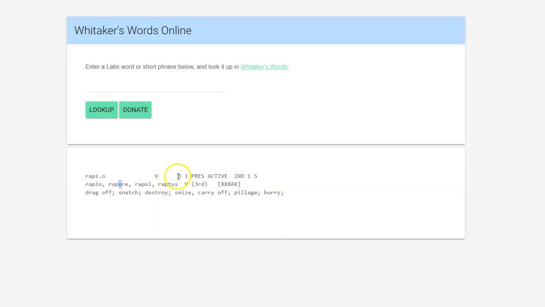So we need to recognize this as a verb of the 3rd conjugation. But of course, this would give us the present indicative active first person singular. We don't have that. We have something that is spelled a little bit differently, so we have to be able to recognize that. And of course, Whitaker's Words is a great tool for that. Now we have the present active subjunctive.